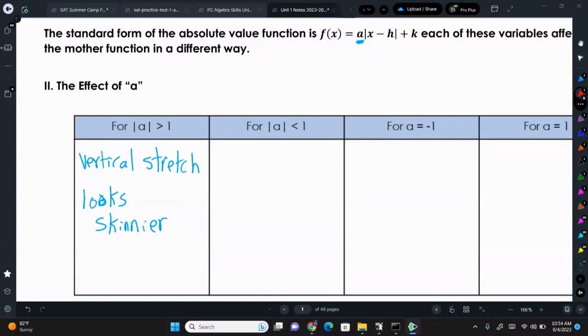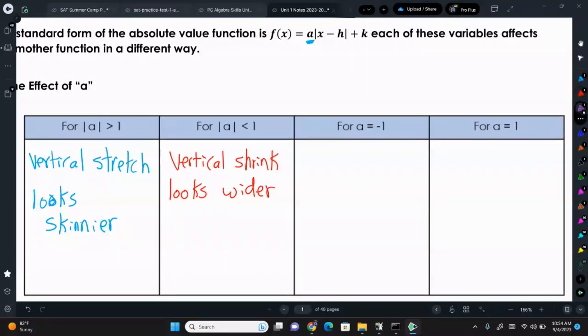If it's less than 1, so like 0.5 or -2/3, we call that a vertical shrink. It looks wider, like the V is very open. If a is -1, it is a reflection over the x-axis.